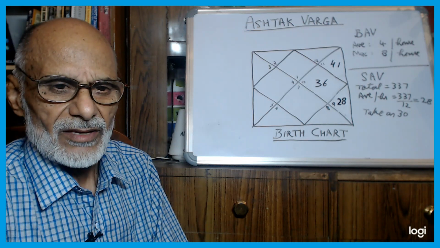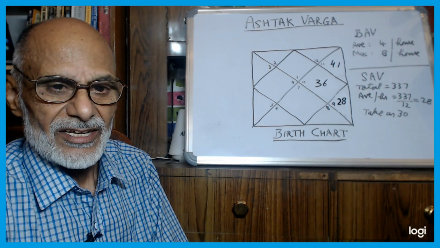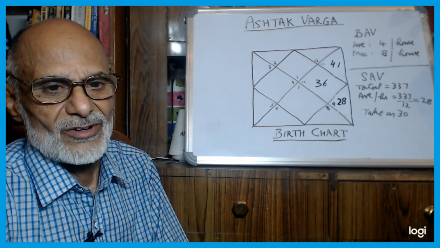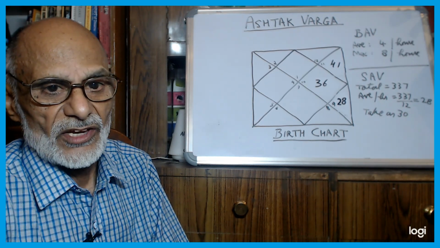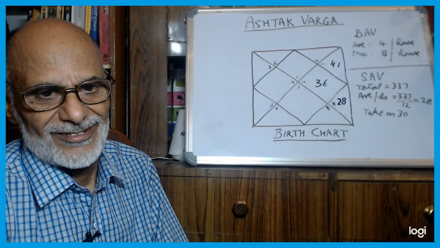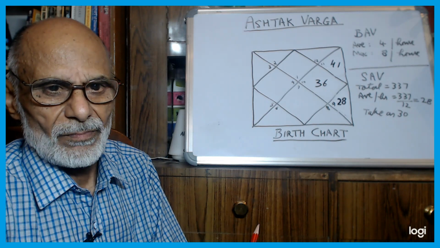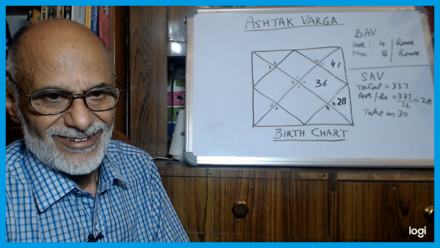Anything from 4 to 8 indicates how efficiently that planet will give the results pertaining to its significations during its periods. It indicates the efficacy, the strength of the planet to give its results.